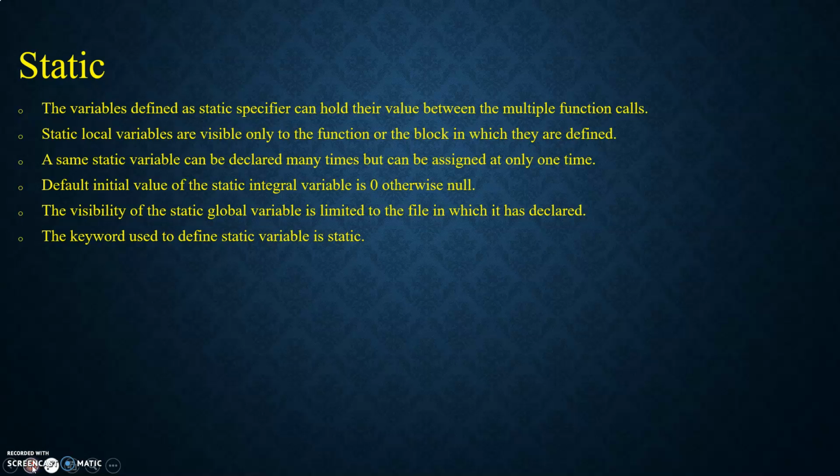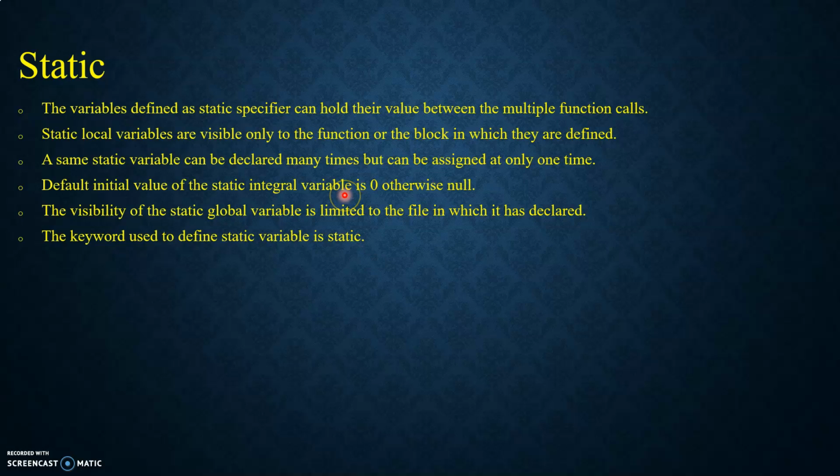So the second one is called static. What is a static variable? Static variables are used within a function as local variables. They can also be used as global variables.